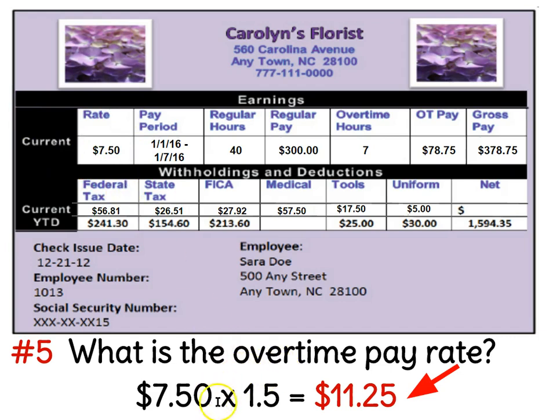We multiply it by that 1.5 for time and a half, and we find that her overtime pay rate is $11.25. If you take that dollar amount and multiply it by her overtime hours, it should equal her overtime pay. Remember, it's really important to check your pay stubs.